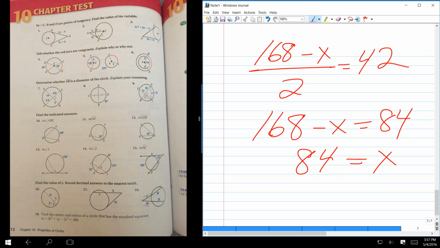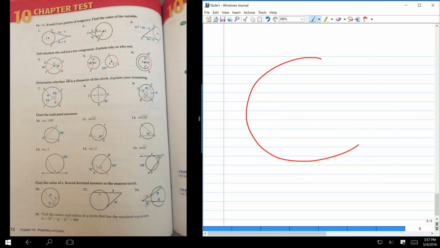X would have come out to be 126, which is still a third of the circle. Could that be an arc of 126 AC? No.